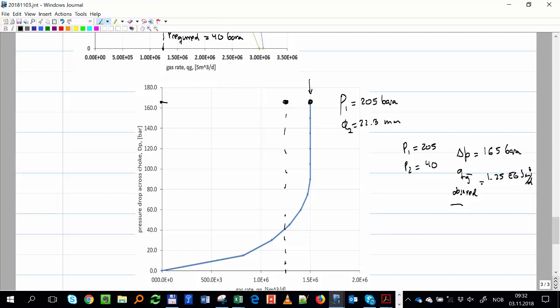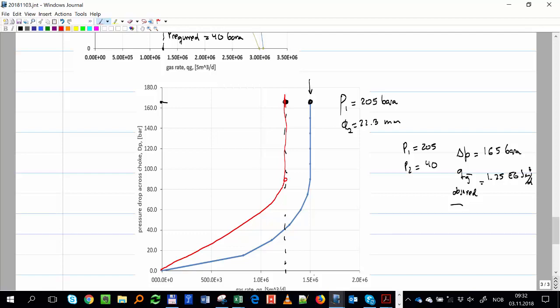So what do I have to do for my choke curve to pass exactly through that point? I want a choke curve that goes up and gives me exactly that combination of delta P and Q.